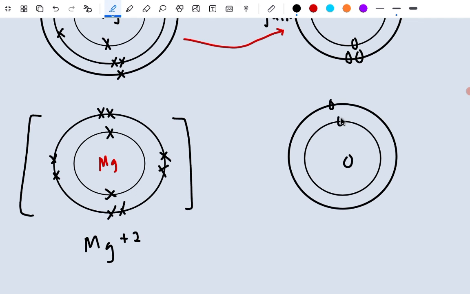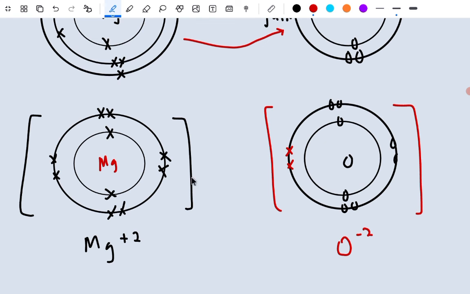Now it had initially 6 electrons, but then it gains these 2 that have come from magnesium, and hence it is called oxygen -2. So this is how you show these now.